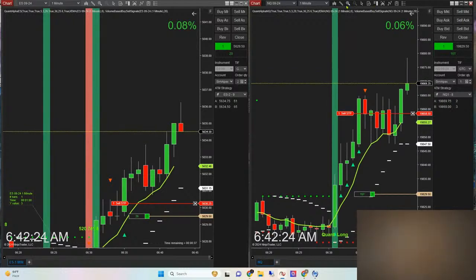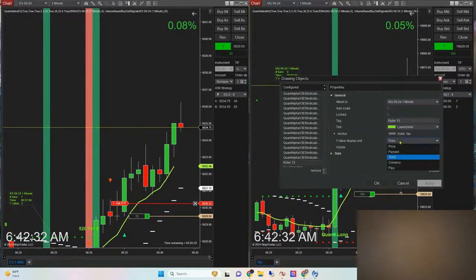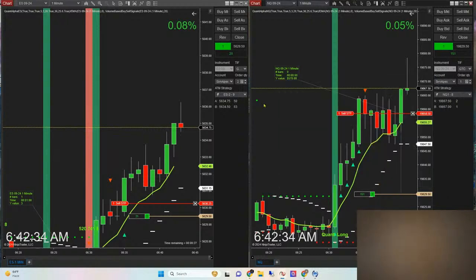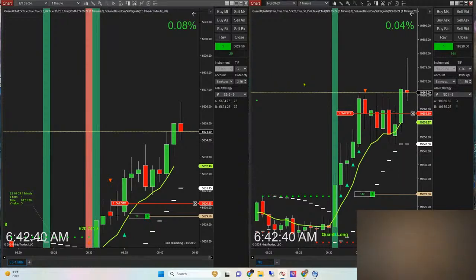We caught from this NQ trade so far 114 ticks, which is 570 bucks from NQ so far. Still in the ES trade.